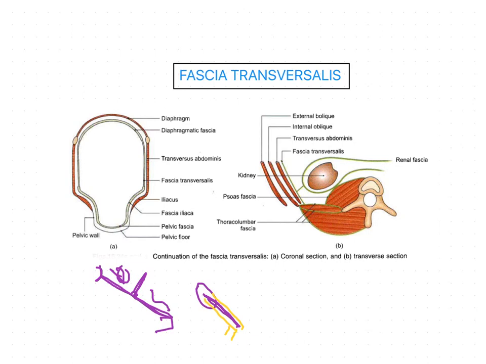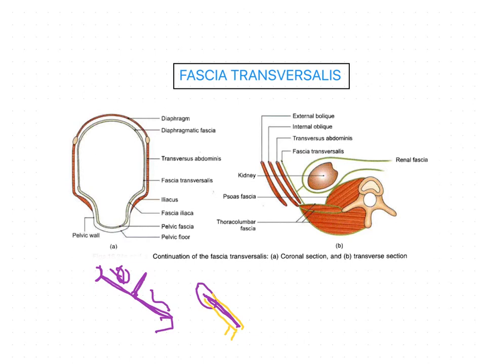So this is about the next abdominal layer. After the abdominal muscles, next to the transverse abdominis, the fascia transversalis is present.